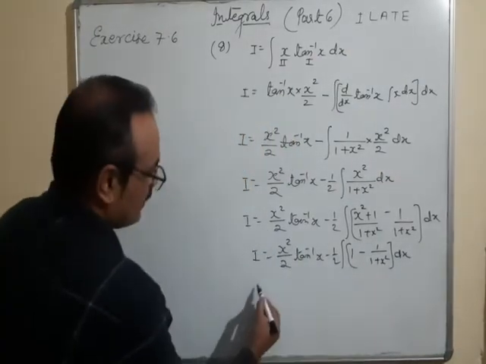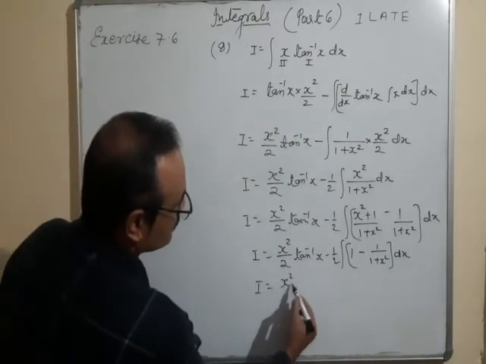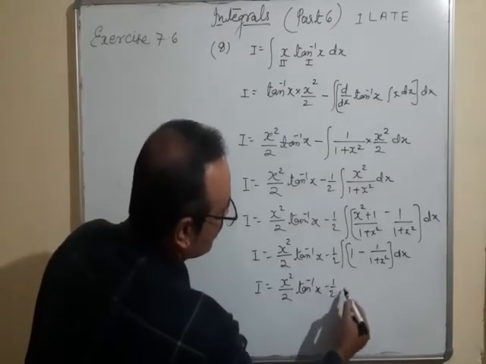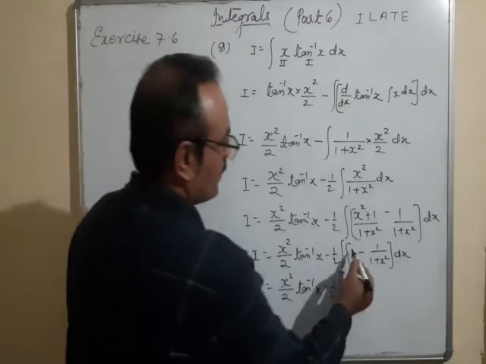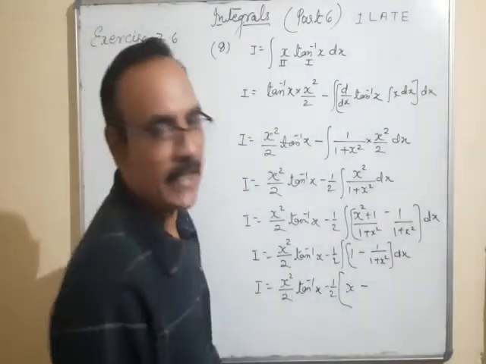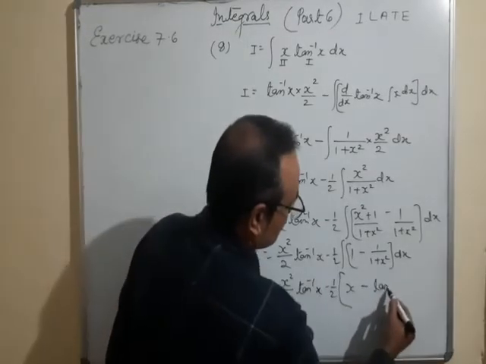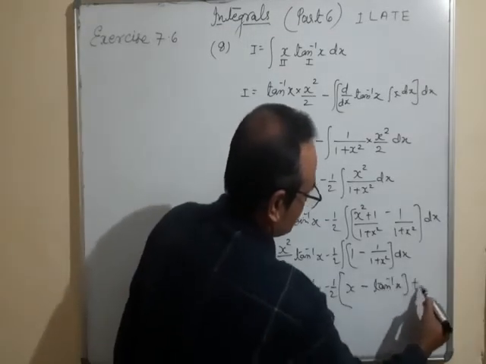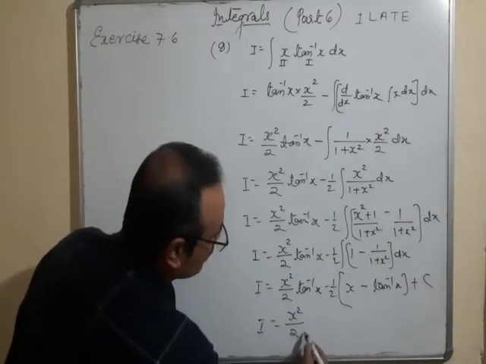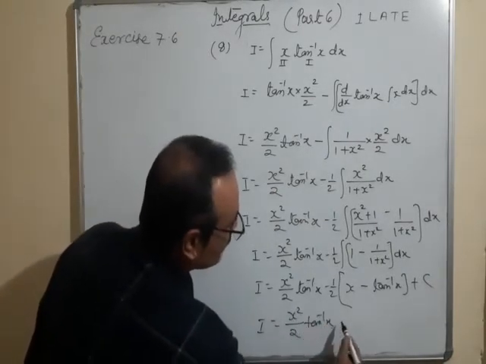I is equal to x square upon 2 tan inverse x minus 1 upon 2, integration of 1 is x, minus integration of 1 upon 1 plus x square, tan inverse x, plus c.